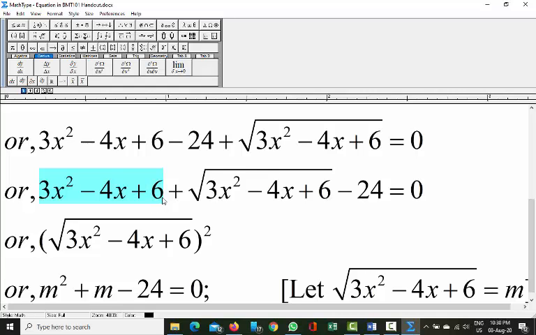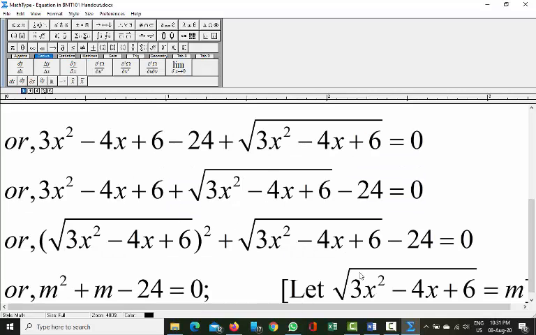So we can write it as root over 3x square minus 4x plus 6, and over that we have a power 2. So this power 2 will cancel the square root inside the bracket, so we will get this one back. Then we can write the remaining part like that.